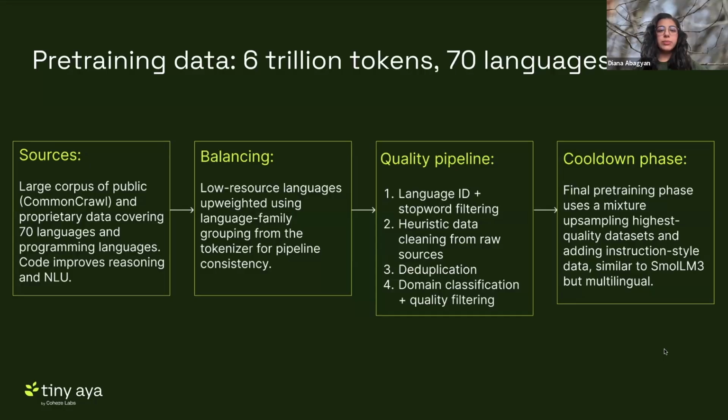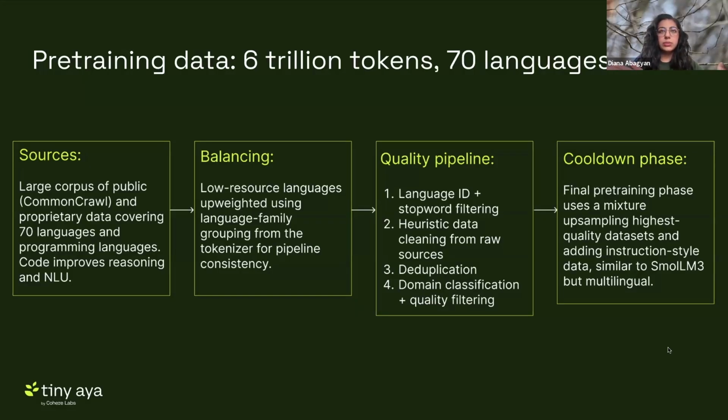So to create the mix, we balanced across the different languages in a similar manner as we discussed with the tokenizer. So we're upweighting lower resource languages while still trying to ensure good and competitive performance on higher resource languages. Then for the filtering pipeline, we have language ID and stop word filtering.